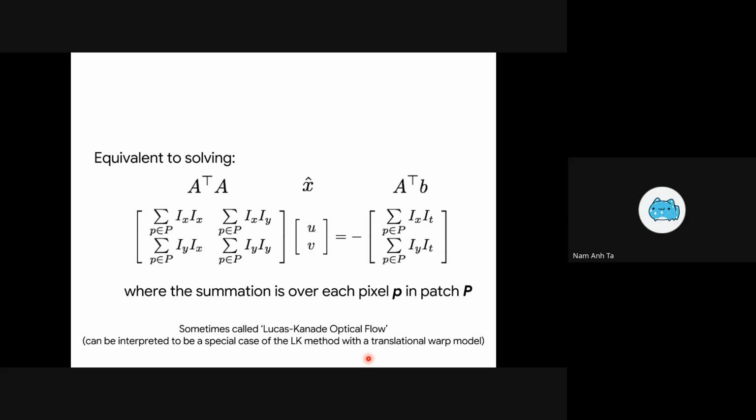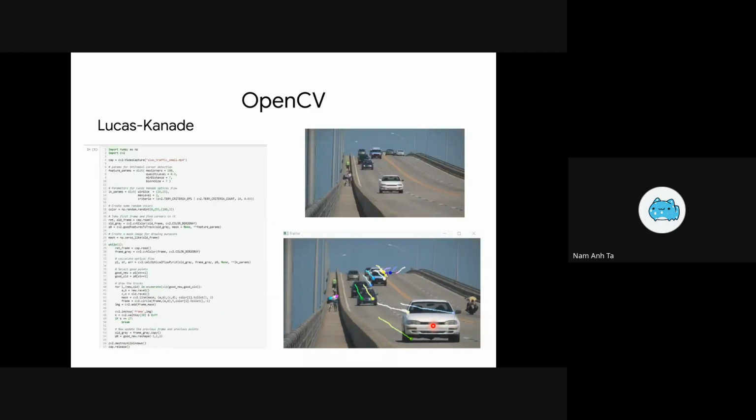This is sometimes called the Lucas-Kanade optical flow, because of the term I just introduced in the previous part about the Lucas-Kanade algorithm. Obviously you cannot read anything on the left, but this image shows the result of dynamic tracking on vehicles and pedestrians on a bridge using the Lucas-Kanade optical flow method.